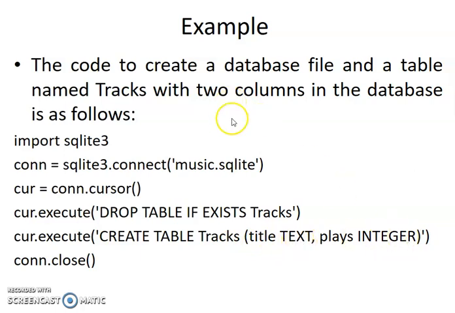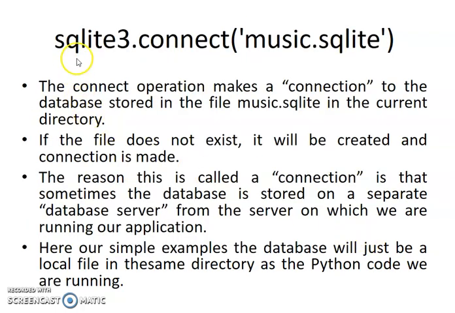We are creating two columns here. The first column is title, and the value we place in it is text. The second column is plays, and the value is integer. We close this, so we created two columns for the table. These are the names of the columns, and these are the types of values we can place in them. We'll discuss in detail what we have written.